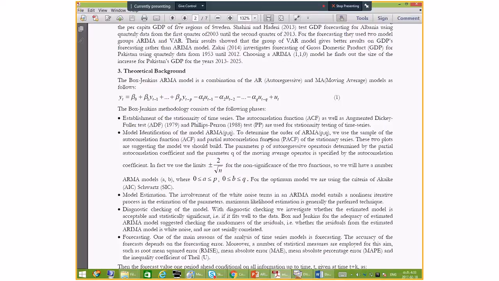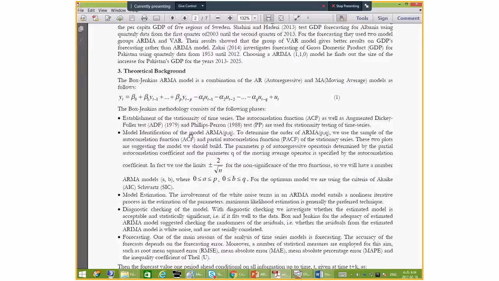For this purpose, we check the autocorrelation function, ACF, and the augmented Dickey-Fuller test, ADF, and the Phillips-Perron test, PP, are used for stationarity testing of the time series. What are the tests we use to test stationarity? The first is the autocorrelation function, the next is the augmented Dickey-Fuller test, then the Phillips-Perron test.